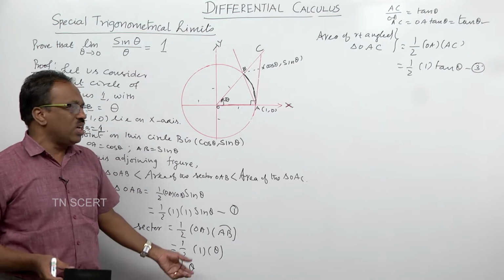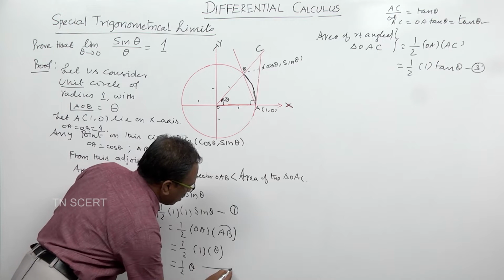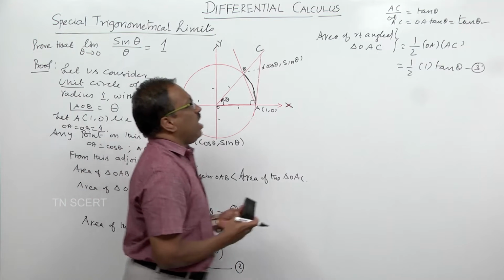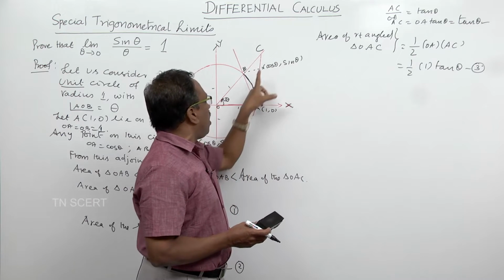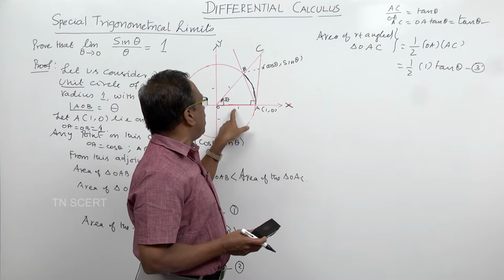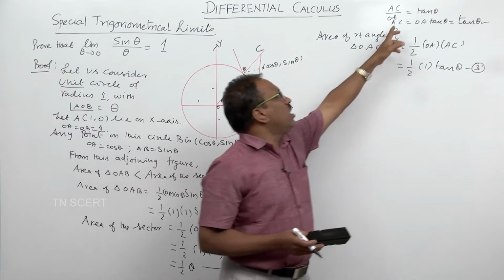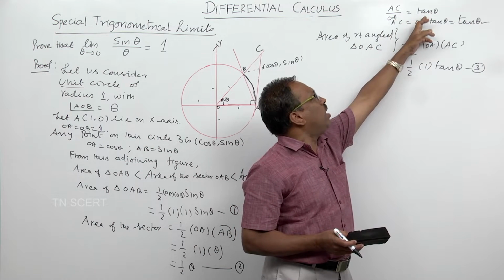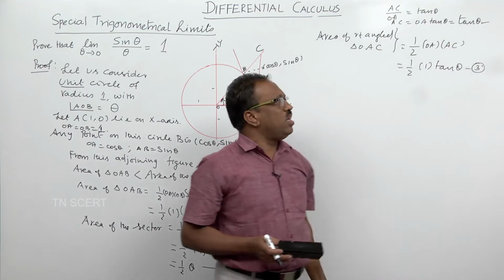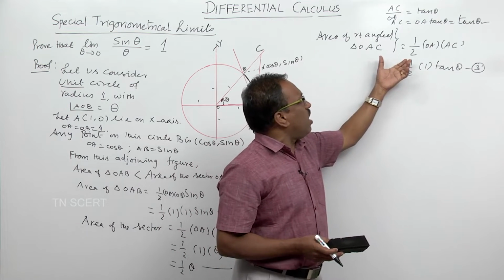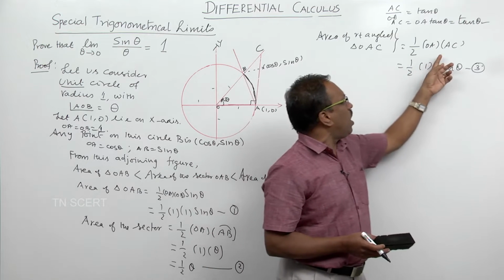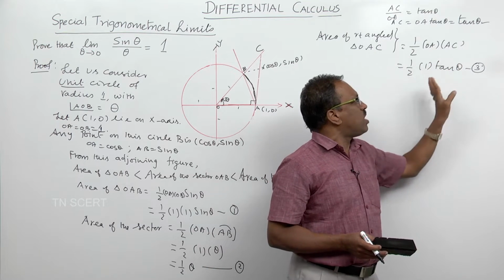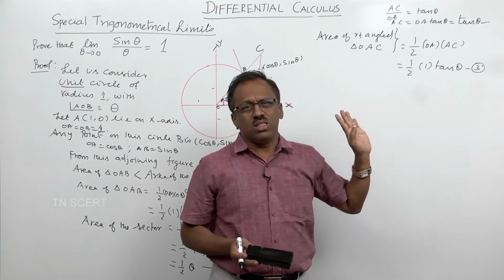That is the second result, result number 2. And this is a purely right angle triangle based result: opposite side by adjacent is equal to tan theta. So OA is 1, so AC is tan theta. So, the area of the triangle is half of OA into AC, base into height, OA is 1, AC is tan theta. So, we found the 3 results.